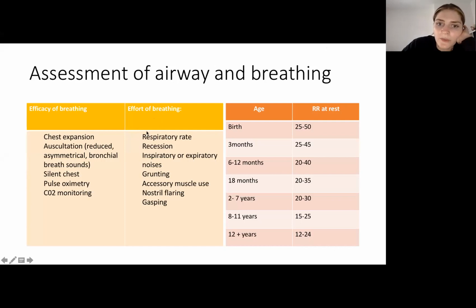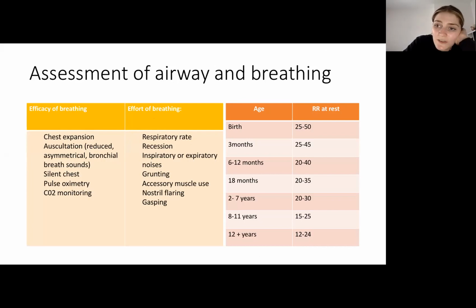In terms of looking at breathing, these are things you can look for. You can look at chest expansion and auscultation, to see if it's reduced on one side or asymmetrical, and any bronchial breath sounds. A silent chest is quite concerning because it means they're not getting any air into their lungs.